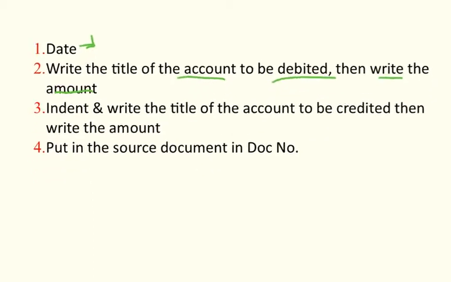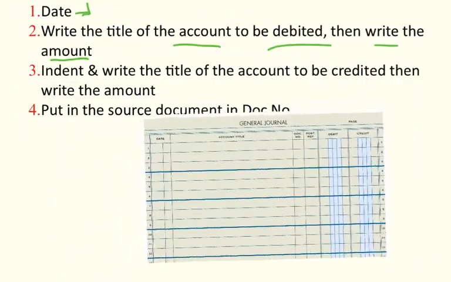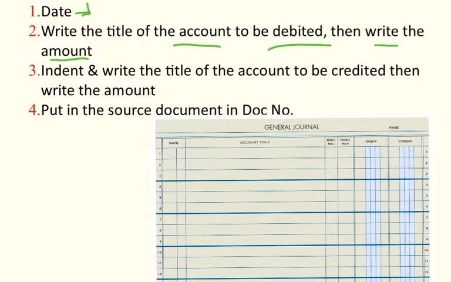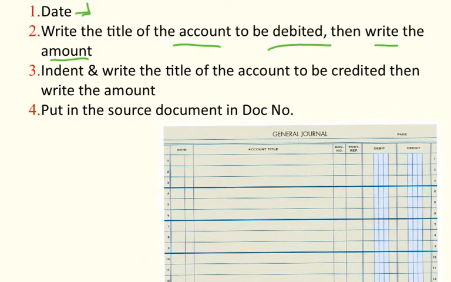So let's actually look at the general journal while we're doing this. This is the document that's used, and because of GAAP, the Generally Accepted Accounting Principles, and consistent accounting, everybody's doing things the same way.